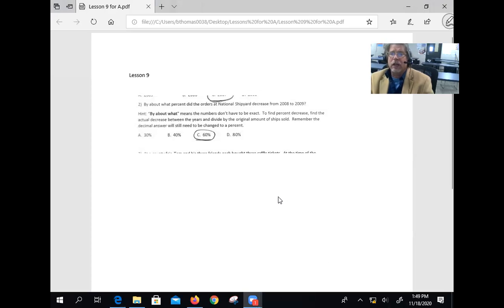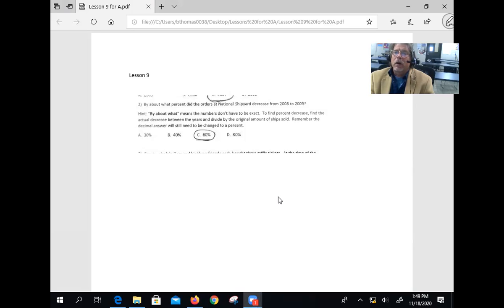So in lesson 9, you did really well on most of that. There was a question again that looked like this. I don't think I got the whole question on there though, because I think there was a graphic. By what percent did the orders of the National Shipyard decrease from 2008 to 2009?